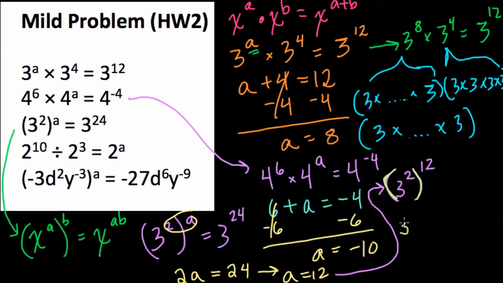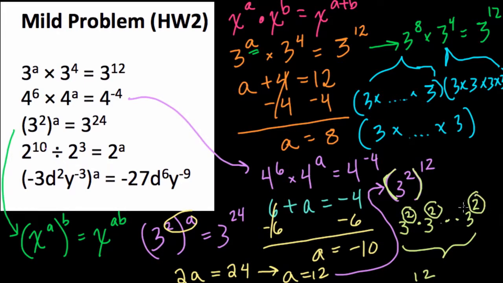So in this case we'll have 3 squared times 3 squared over and over again 12 times. So if we think about what this means, we have 12 3 squareds. And if we follow our laws of exponents, we're going to add these exponents over and over again. So we're going to add 2, how many times?